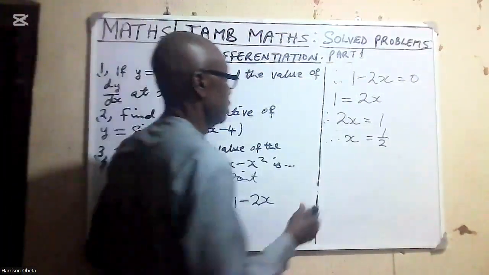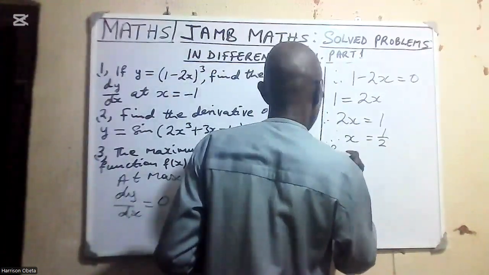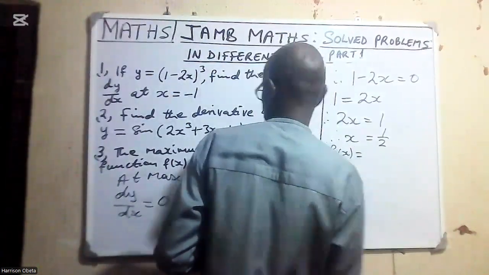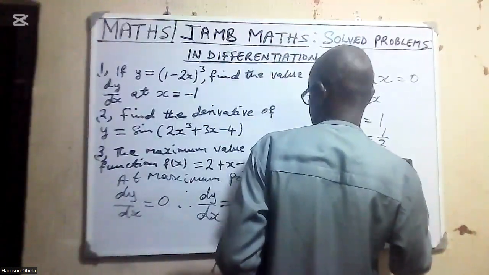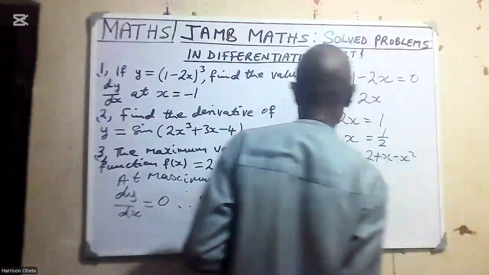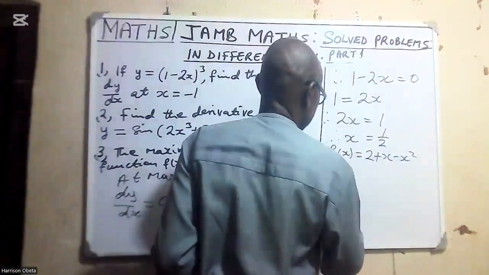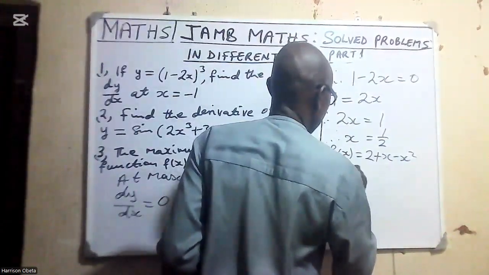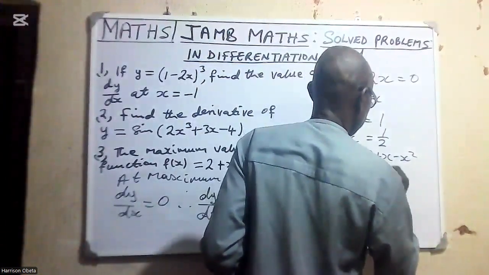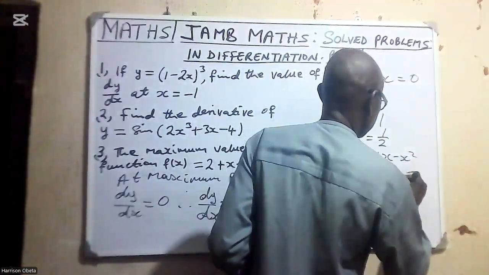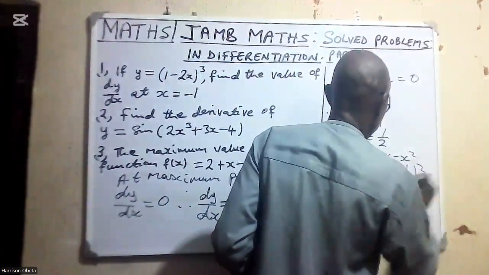So, substitute it in f of x, we know that f of x is equal to 2 plus x minus x squared. So, at x equal to half, f of half is equal to 2 plus half minus 1 over 2 squared.